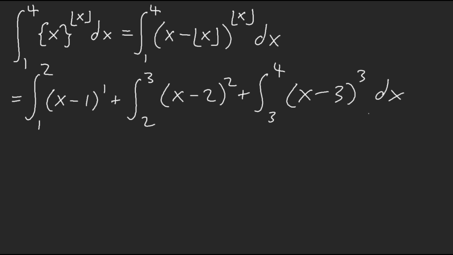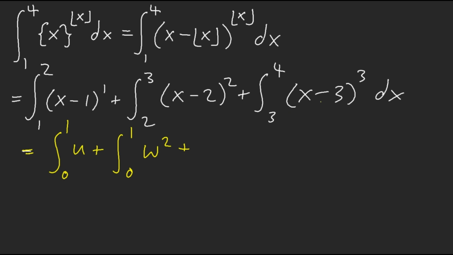Okay, awesome. If I let u equal x minus 1, I get from 0 to 1, u. If I let w equal x minus 2, I get from 0 to 1, w squared.